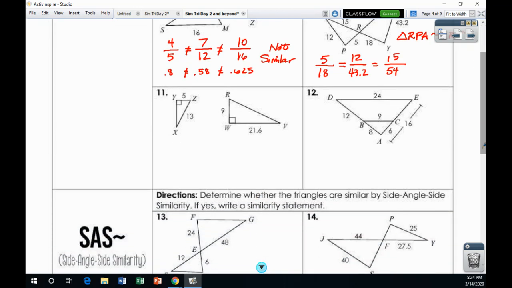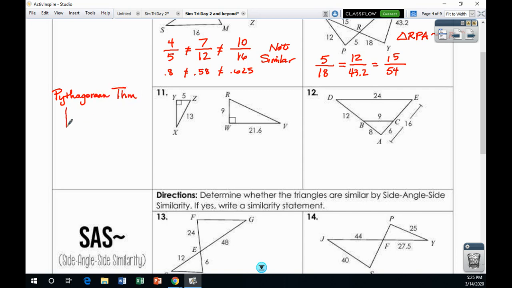All right, 11. We only have 2 sides to compare this time, don't we? Okay, but these are right triangles. So we definitely need to test these other sides that are not given to us. So how do we do that? Well, this is as good a time as any to introduce, or reintroduce you to, the Pythagorean theorem.